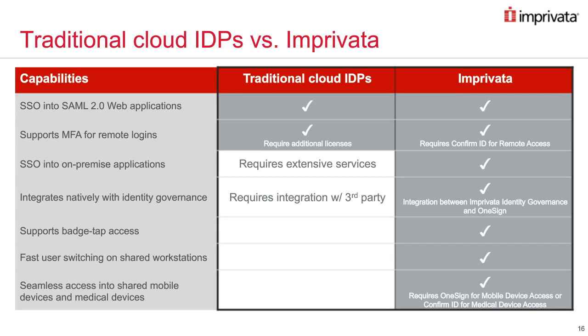This other piece, too, is pretty important, and I know it's kind of buried in the middle here, but I think it's one of the more important pieces here, and that's integrating natively with an identity governance platform. So for those unaware, and I won't go into too much detail, but identity governance is the concept or solution for provisioning and deprovisioning access to applications, as well as monitoring user access on these different applications and systems.